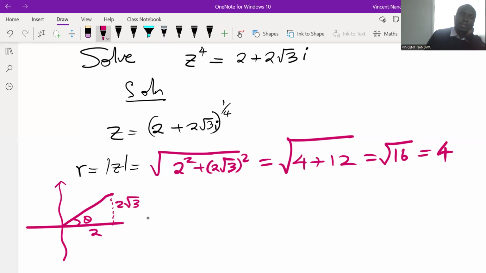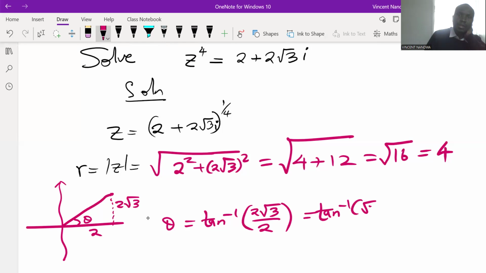So theta is tan inverse of y value 2 root 3 over x value 2, the same as tan inverse of root 3. And tan inverse of root 3 is 60 degrees, which is the same as pi over 3.